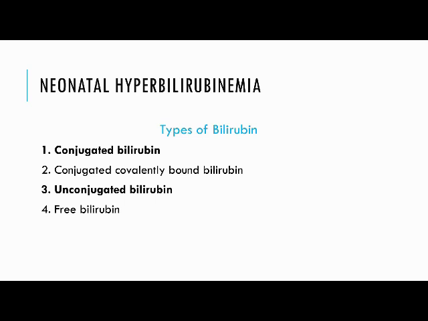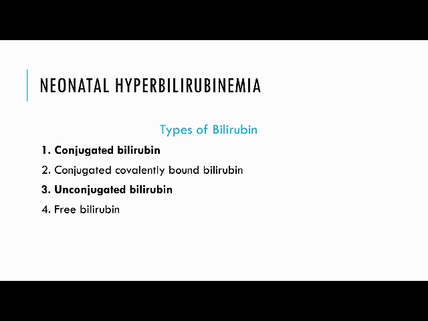There is conjugated covalently bound bilirubin, which isn't really found in neonates less than 2 weeks old, so we're not going to spend any time on that one. There's unconjugated bilirubin, which is lipid soluble, cannot be excreted from the body, and is reversibly bound to albumin.